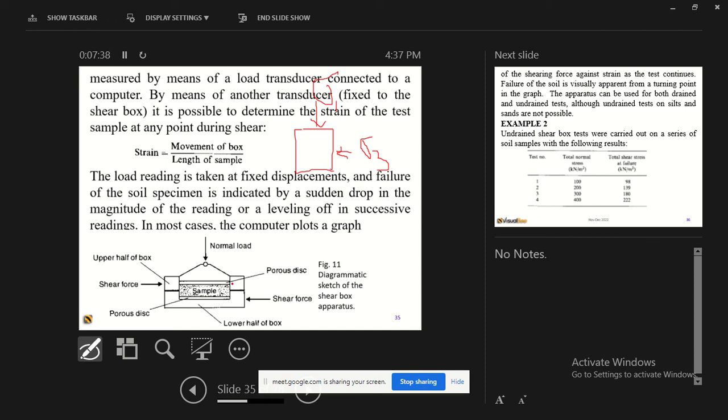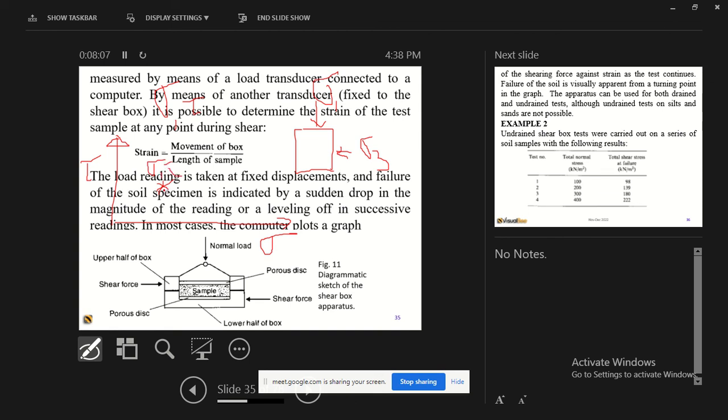So what you are measuring is sigma, which is neither sigma 1 nor sigma 3, and tau. From your theory, you know that is just a point on the tangent of the circle, nothing else. So you only have one point. So this is sigma, this is tau.